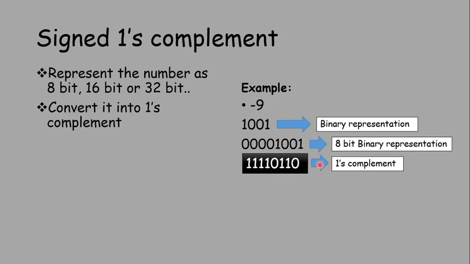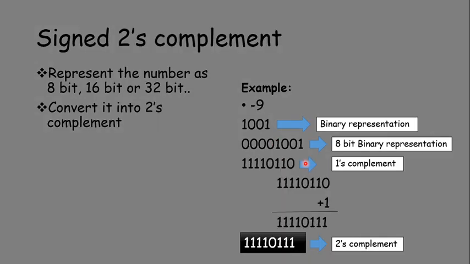Then I will convert that number to one's complement form, flipping each bit, which gives 11110110. So this is my one's complement form of the signed binary number representation.